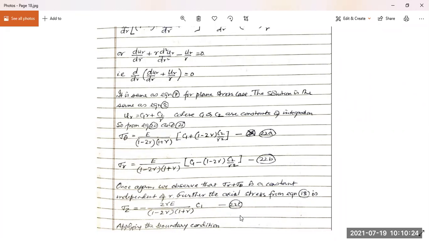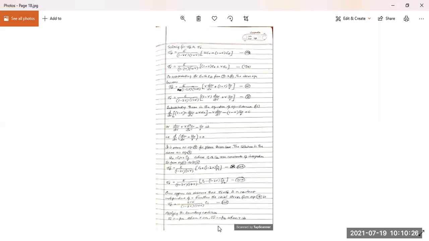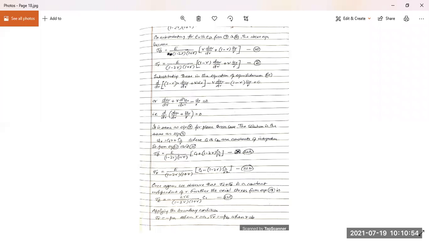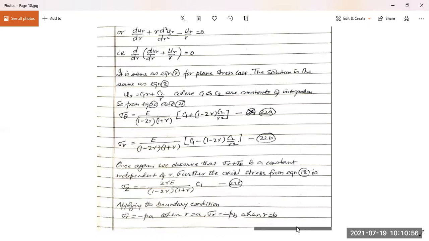Now, if we apply the boundary conditions, sigma r is equal to minus PA when r is equal to a, the inner radius, the compressive stress inside the inner radius, and sigma r is equal to minus PB when r is equal to b.